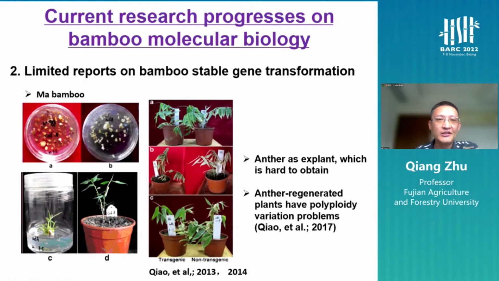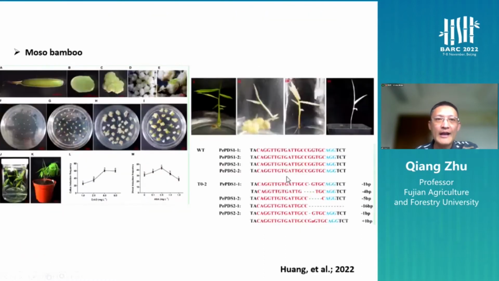In 2013, a research group from the Chinese Academy of Forestry established a regeneration and transformation protocol by using inflorescence as an explant. However, inflorescence is hard to obtain, and later they found the regenerated plants have somaclonal variation problems. And very recently, the same group established a massive bamboo regeneration and genome editing protocol.